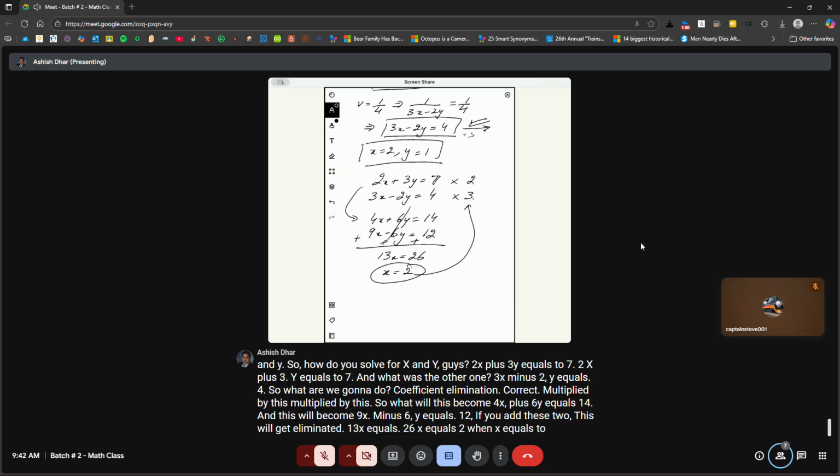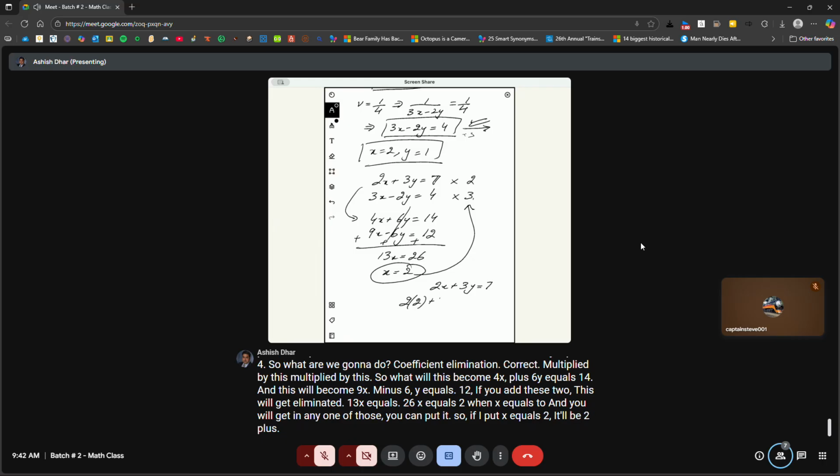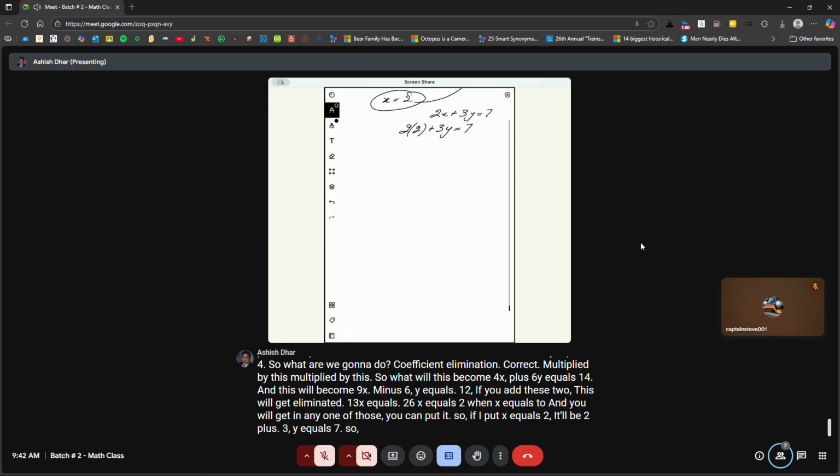When x equals 2, you can put it in any one of those. So 4 plus 3y equals 7, 3y equals 3, y equals 1.